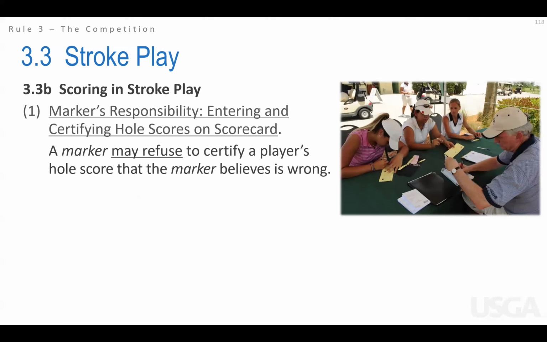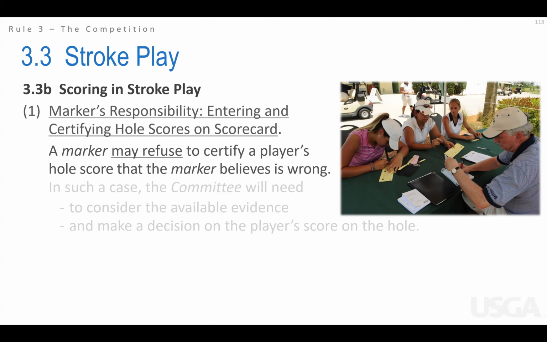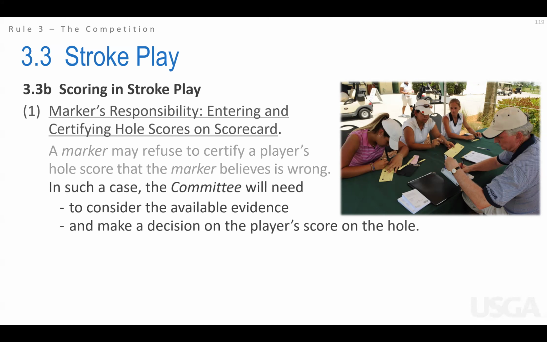It's possible that a marker may refuse to certify a player's hole score if the marker believes it's wrong or there's some cheating going on, or whatever the case might be. In such a case, the committee will need to consider some evidence, whether there's a disqualification coming to that player, or whether another marker can certify it.